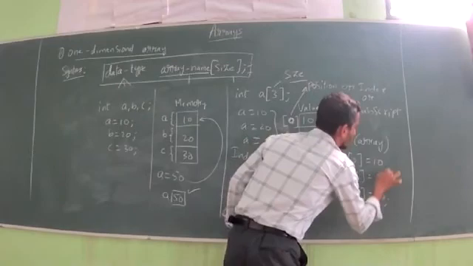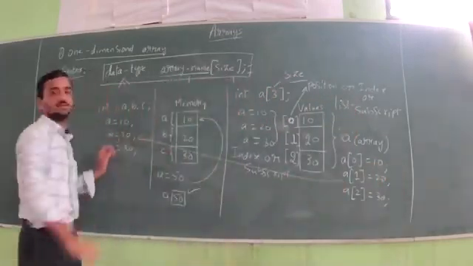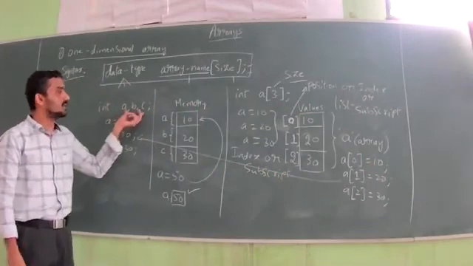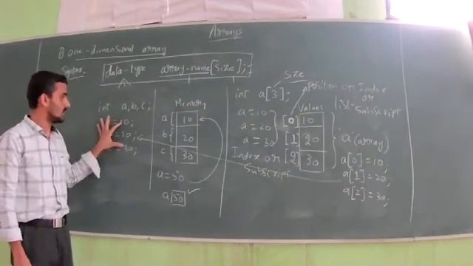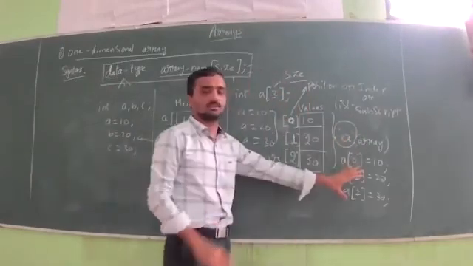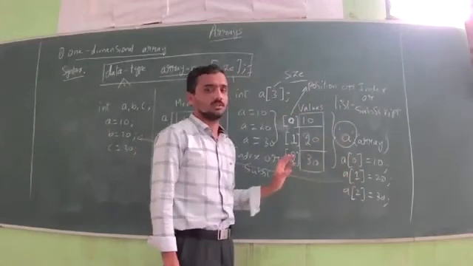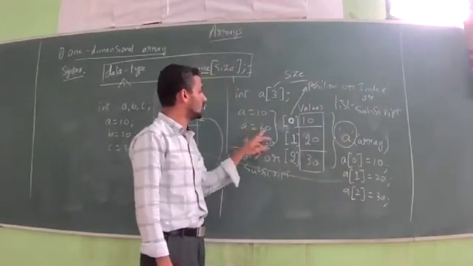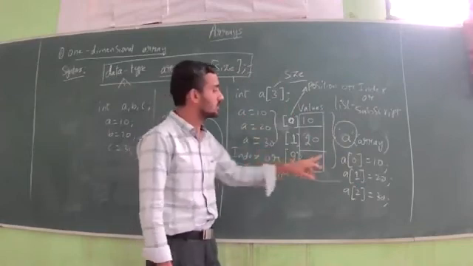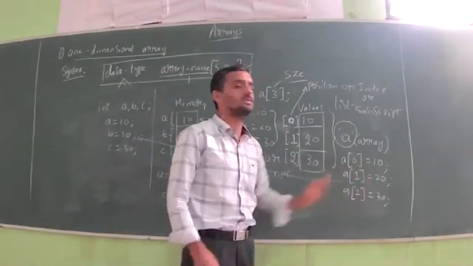Just compare this with the earlier one. There I used 3 different variables to store 3 values, but here I have used only one variable to store all the values. The only difference is you have to indicate the positions. That's all.